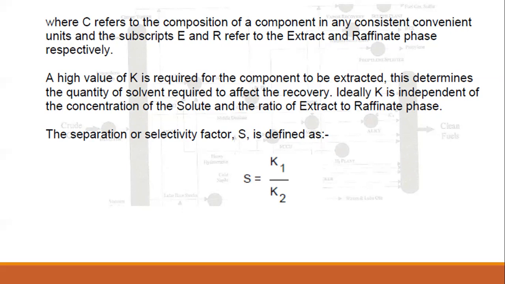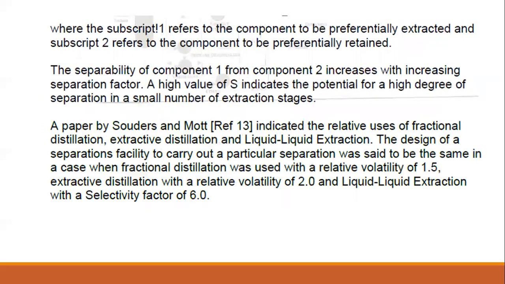And the separation selectivity factor S is defined as K1 divided by K2, where the subscript 1 refers to the component to be preferentially extracted and subscript 2 refers to the component to be preferentially retained. The one is K1 divided by K2.